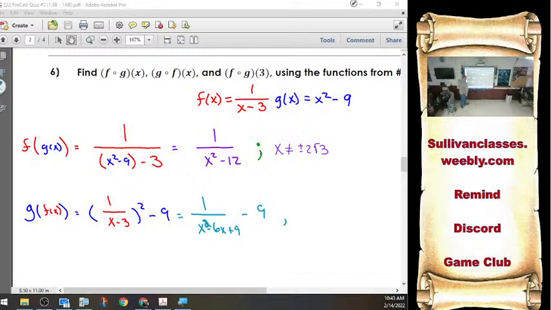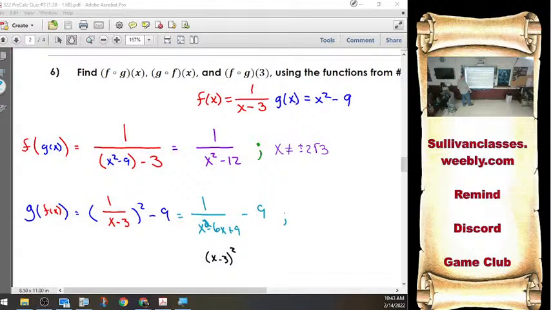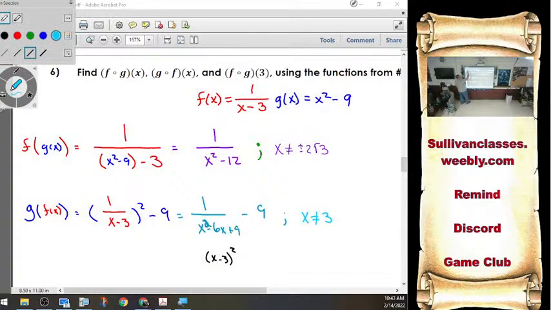With this, if I look at my denominator, I see that 3 is not allowed. I say x cannot be 3. Did we check? Have we done it? Yes or no?